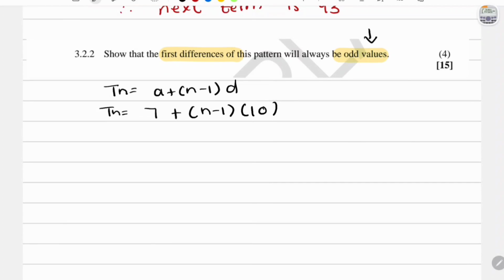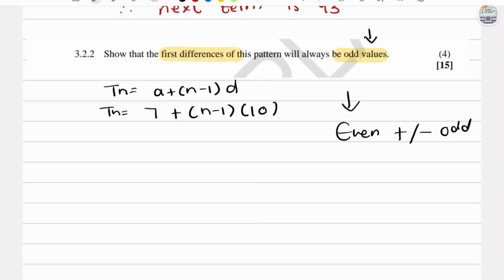So for us to show that something is odd, I've already explained that you have to show that it's even and that you added or subtracted an odd number to this. But how would you prove that something is even? Let me give you an example. An even number, by definition, is a number that is divisible by 2 with no remainder. So if you can take a number and divide it by 2 and it doesn't give you any remainder, it's an even number.